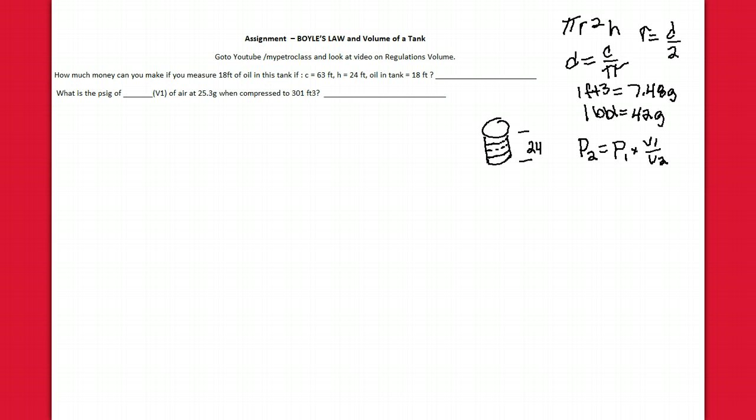All right, now let's start filling in things. How much money can you make if you measure 18 feet of oil in a tank and the circumference is 63 feet? How I got the circumference, I just walked around the tank and measured with my feet, because my feet are about 12 inches. So I got 63 steps.